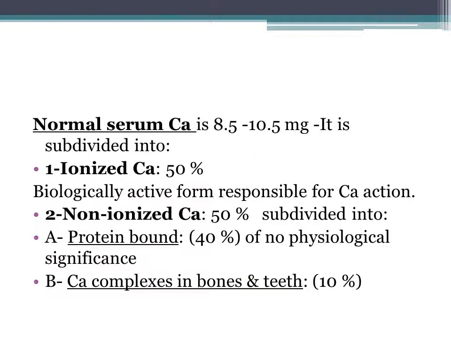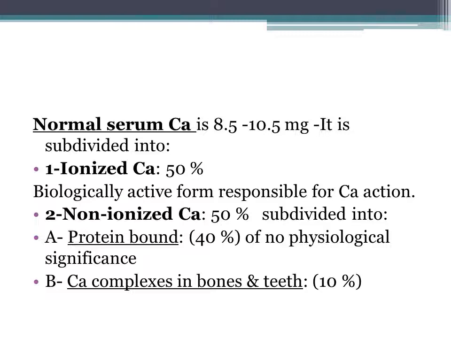First of all, we must know the normal serum calcium level, which is from 8.5 to 10.5 milligram, and it is subdivided into ionized calcium and non-ionized calcium. Ionized calcium is about 50% and non-ionized is the other 50%.